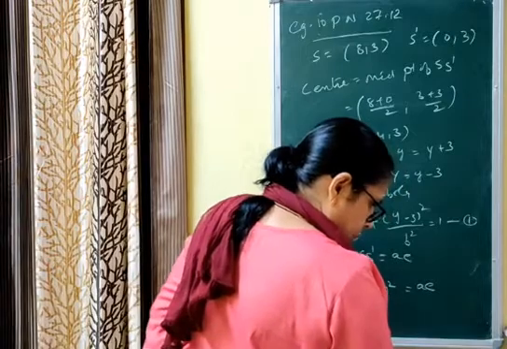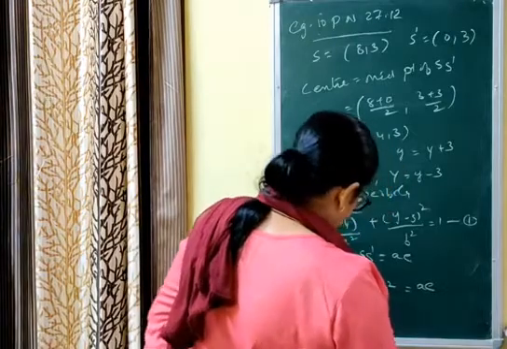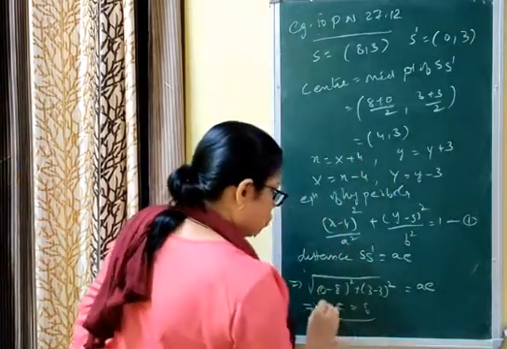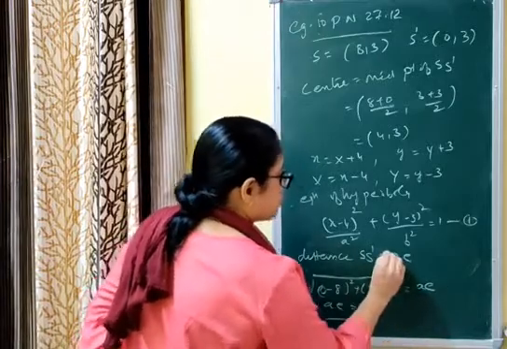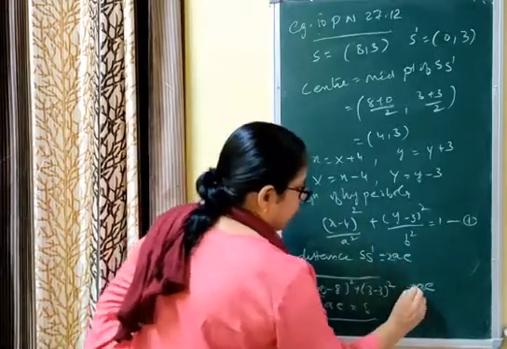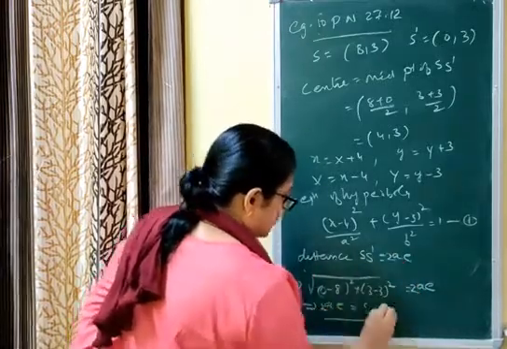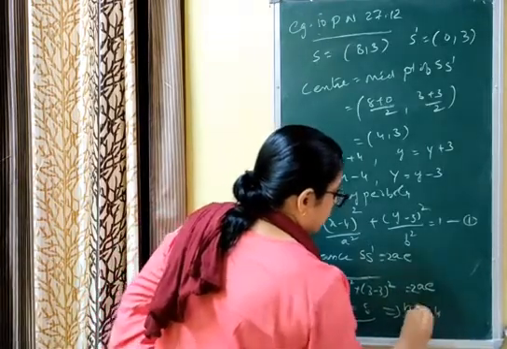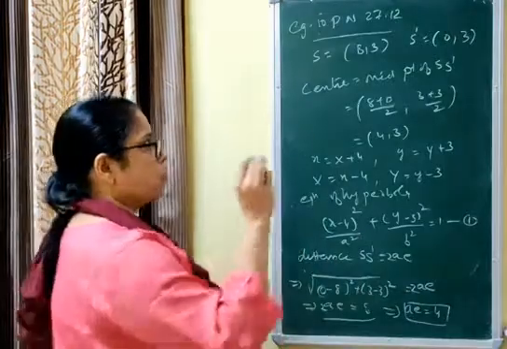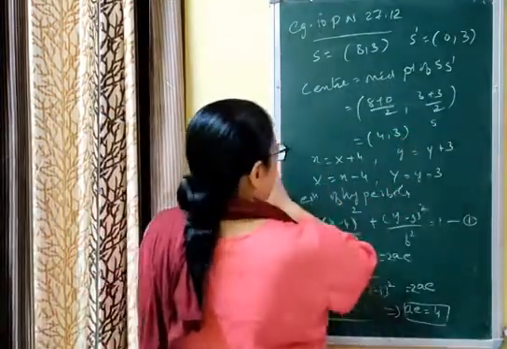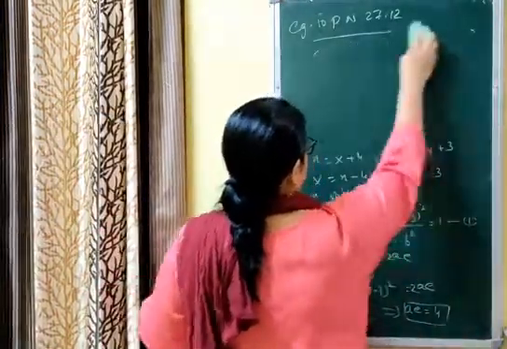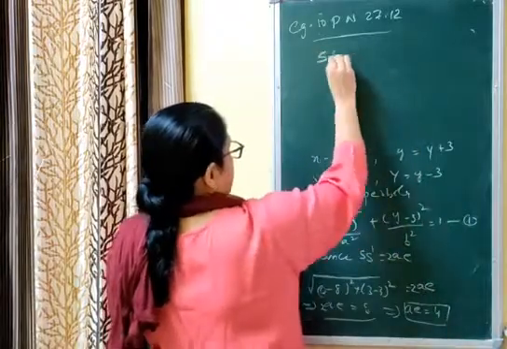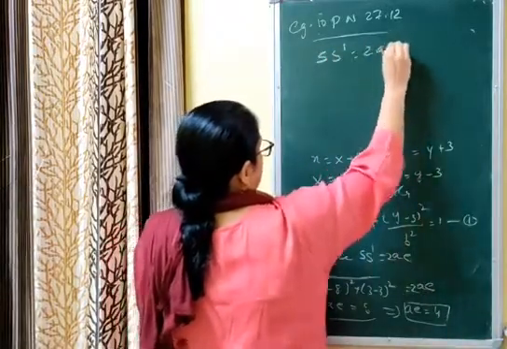You got the value of 2AE equal to 8. Distance between two foci is 2AE. So 2AE is equal to 8, that implies AE equal to 4. Once again I am explaining, the distance between two foci S S dash is equal to 2AE.